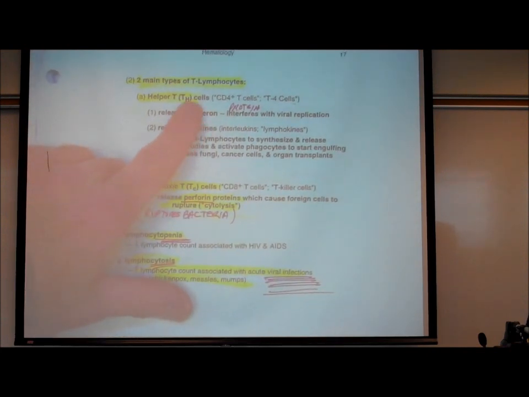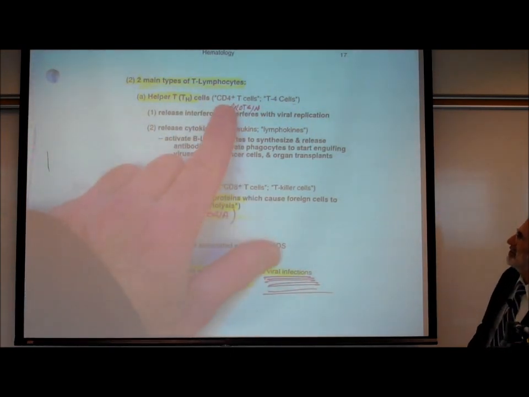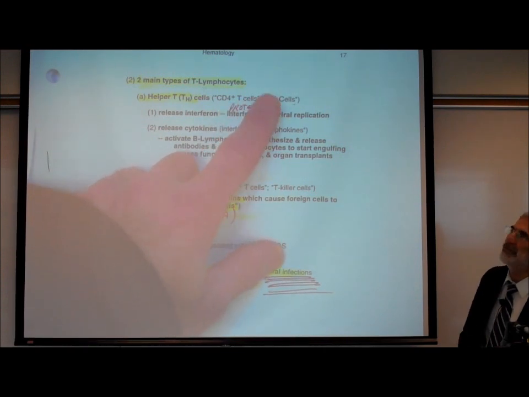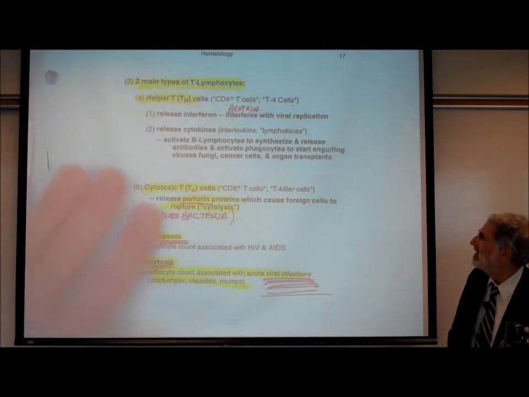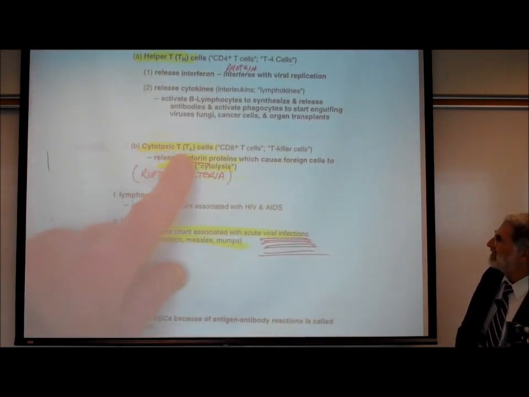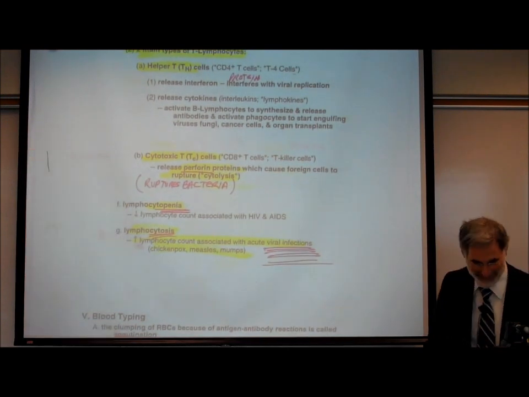We'll call them helper T cells. In a micro class, they also call them CD4 cells, and because they have that number 4, they're also known as T4 cells, if you've ever heard that term. But we'll just call them helper T cells. The cytotoxic T cells, that's what we'll call them. In micro, they also call them CD8 or killer T cells.